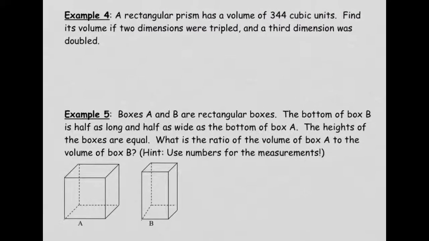Example number 4. A rectangular prism has a volume of 344 cubic units. Find its volume if 2 dimensions were tripled and the 3rd dimension was doubled. Alright, so my volume I know is going to equal length times width times height.